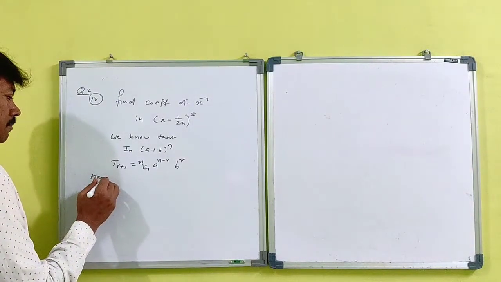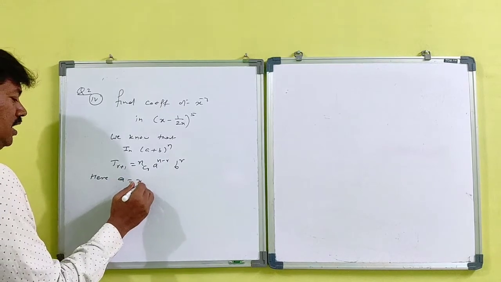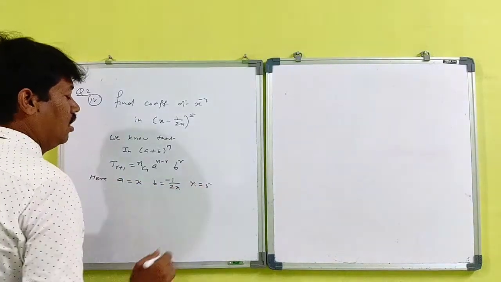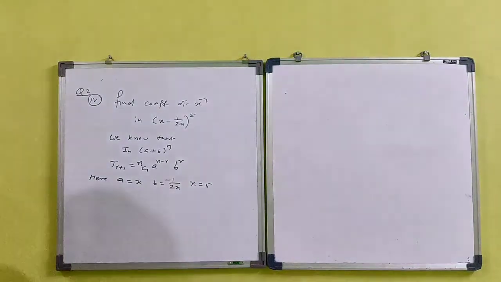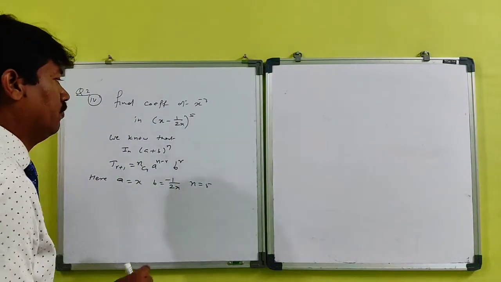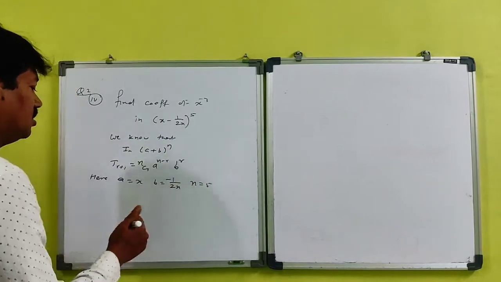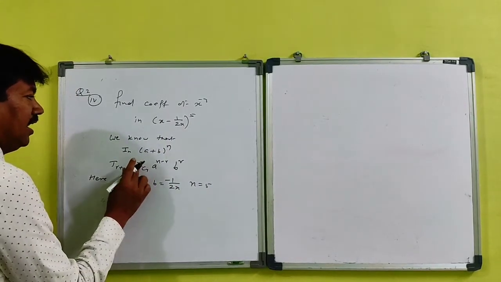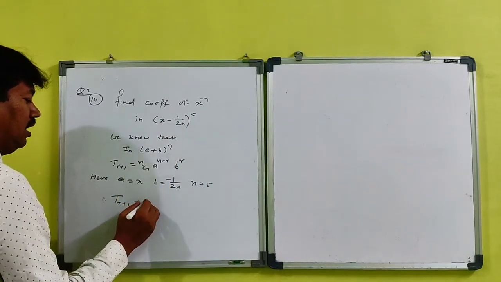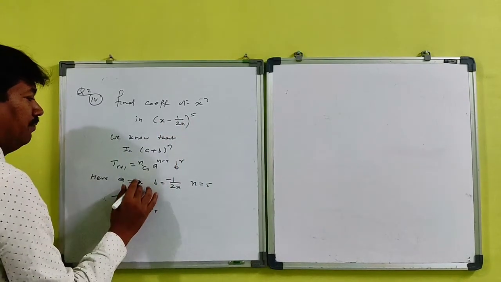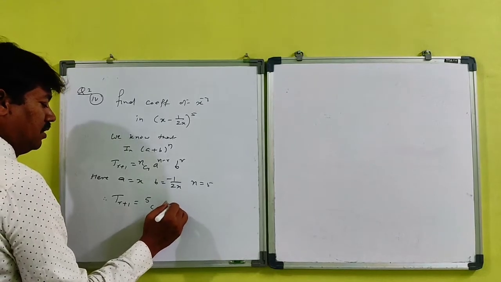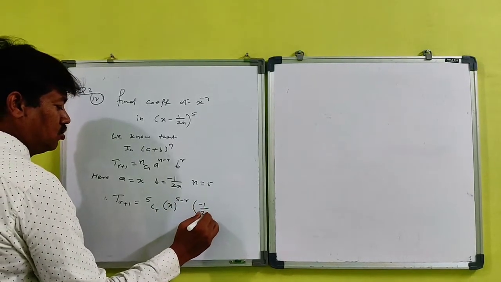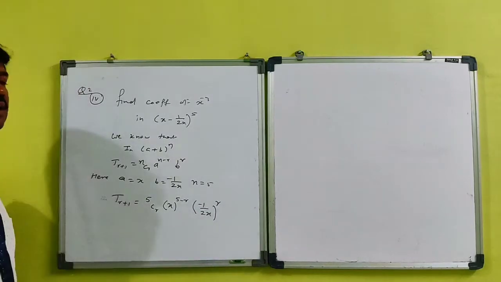So here a is x, b is minus 1 upon 2x, and n is equal to 5. To find the coefficient of x raised to minus 3, we first find the general term. Therefore, t r plus 1 is equal to 5 C r, x raised to 5 minus r, minus 1 upon 2x raised to r, like this.